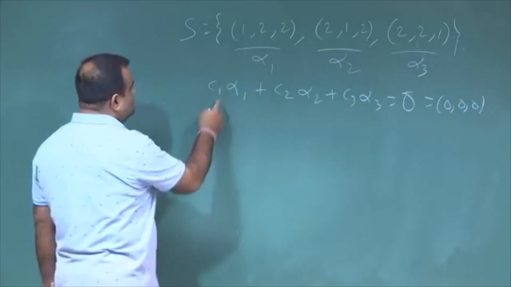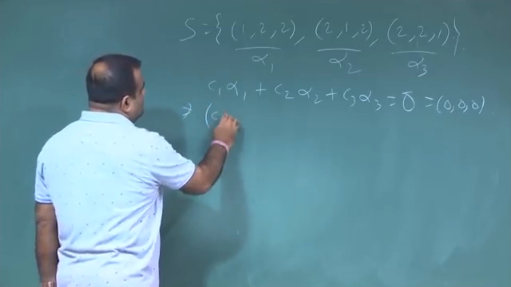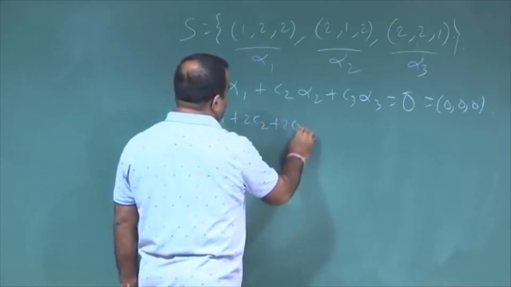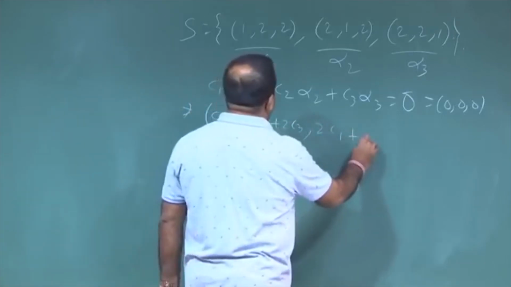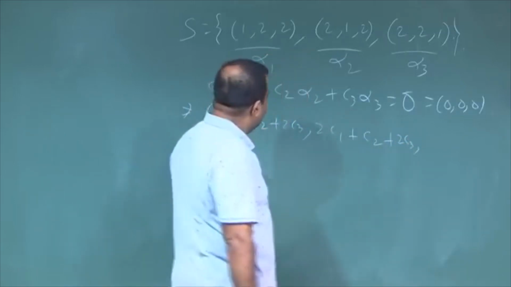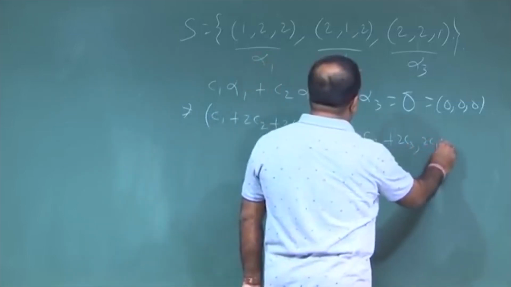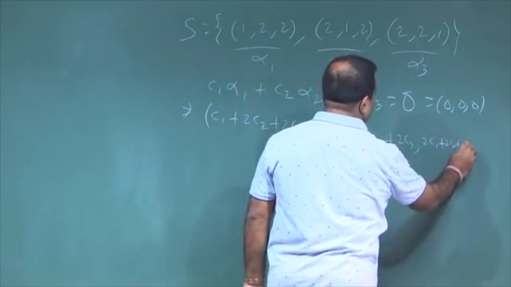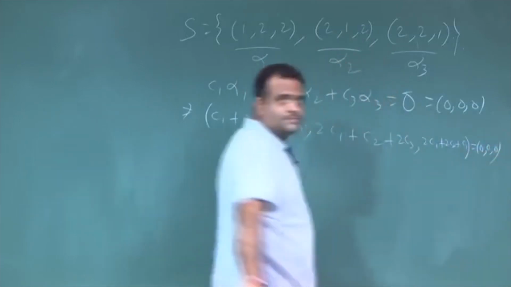Now, this basically gives us C1 plus 2 C2 plus 2 C3, and then 2 C1 plus C2 plus 2 C3, and the third component is 2 C1 plus 2 C2 plus C3. These are basically 0, 0, 0.